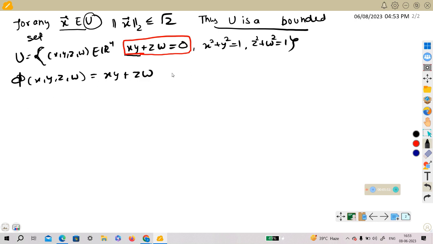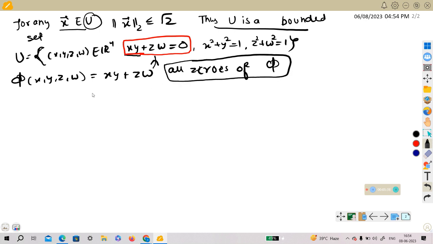Okay, and note that all the zeros of phi satisfy this property.